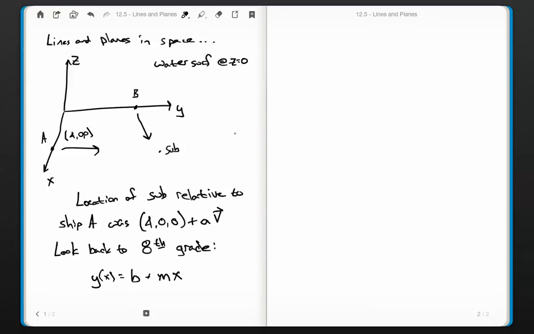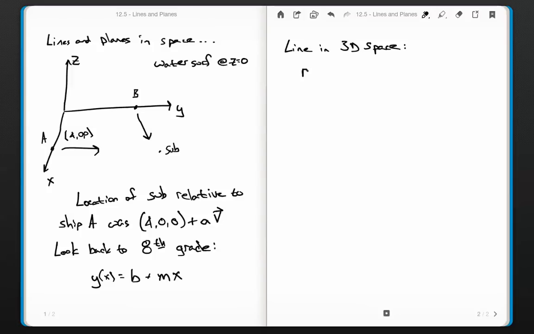So a line in 3D space relative to vectors would be, we're going to say that r of t equals r sub 0, an initial something, plus some parameter t, this is the same t over here, times the vector v. All right, so what does this mean?